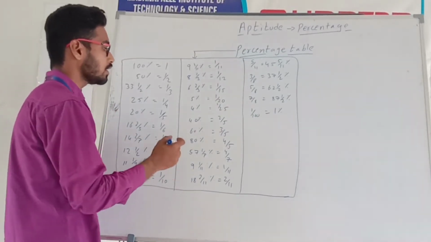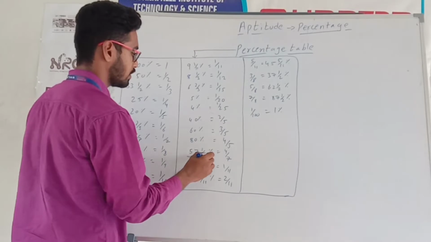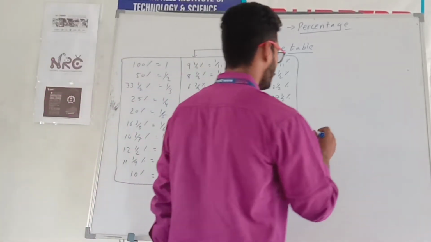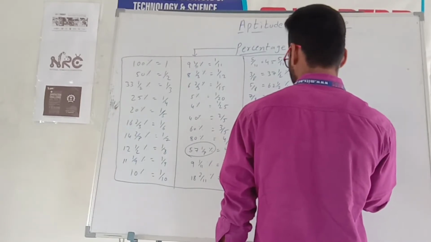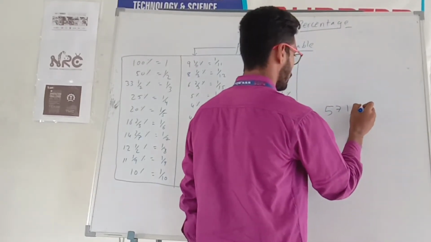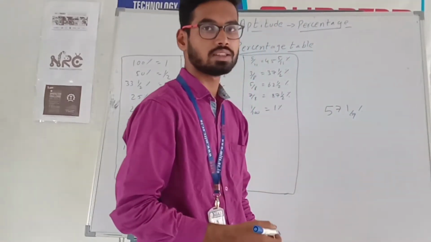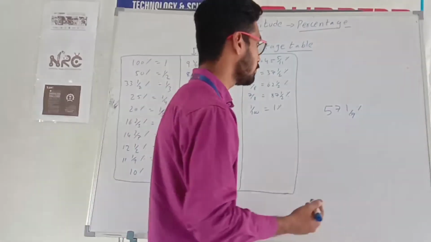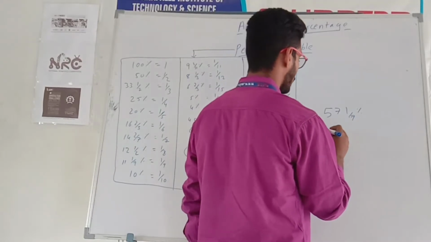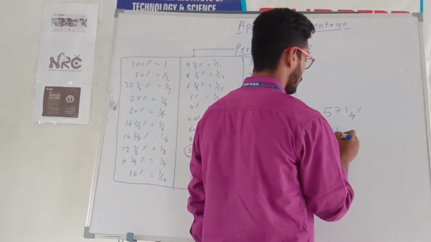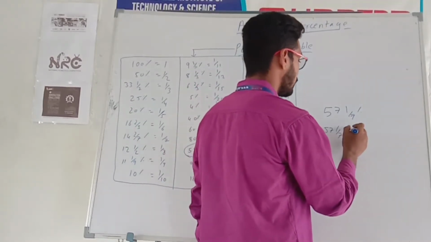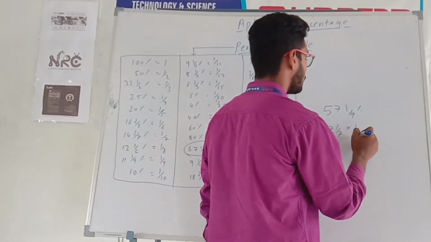If in the question they give 57 1 by 7%, and you start converting this percentage format into a fraction, it may take a long time. You have to convert it into a proper fraction and then multiply with 1 by 100.